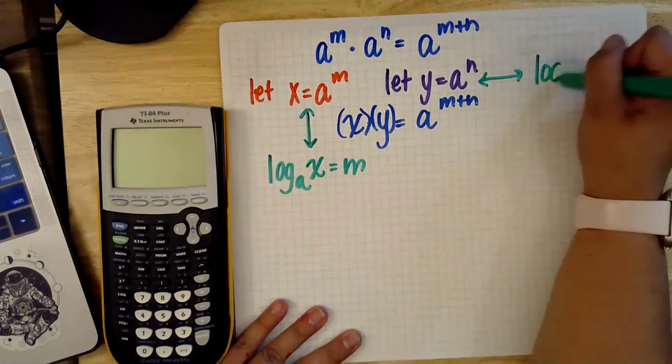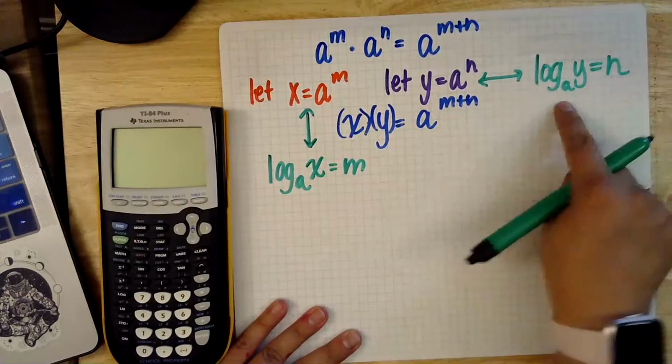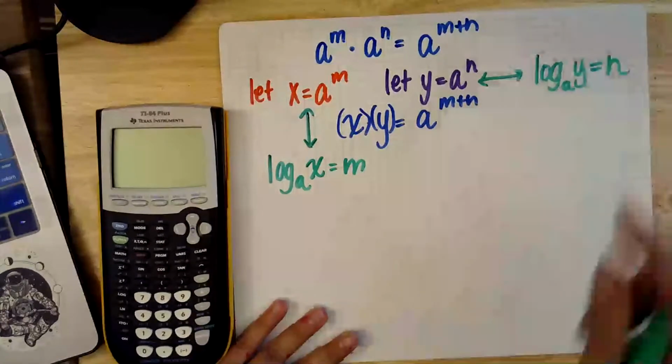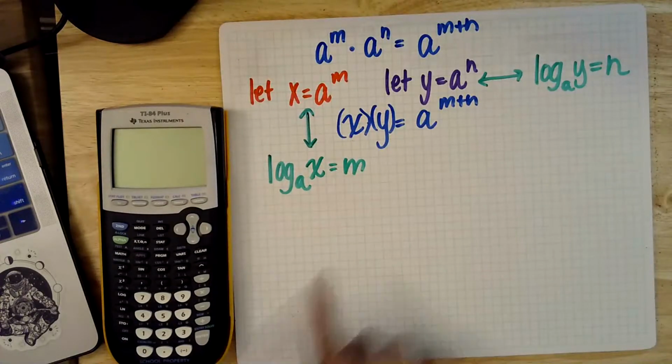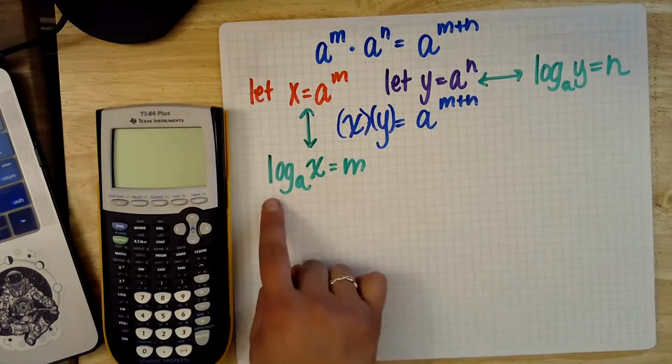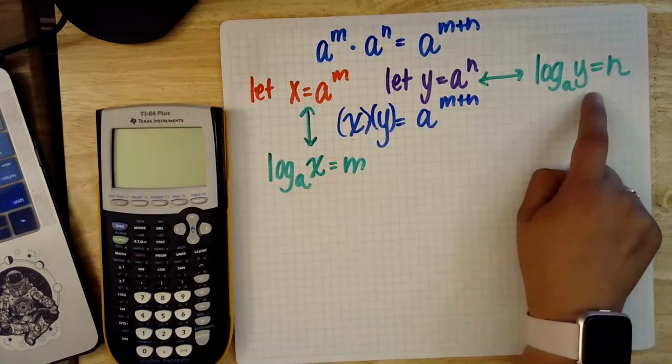I know that log base a of y is equal to n, because a to the n is equal to y. So far, so good? Okay, now I'm going to showcase what we have. We have m is equal to log a of x, and n is equal to log a of y.